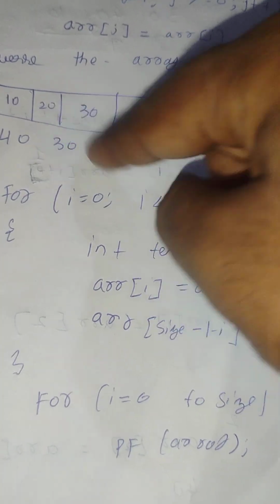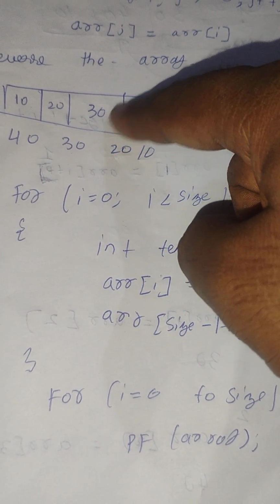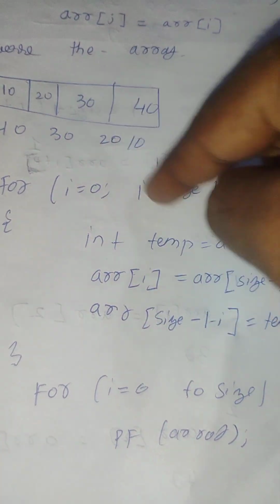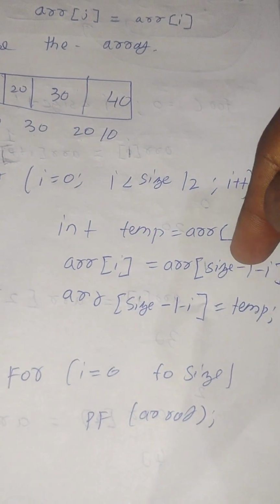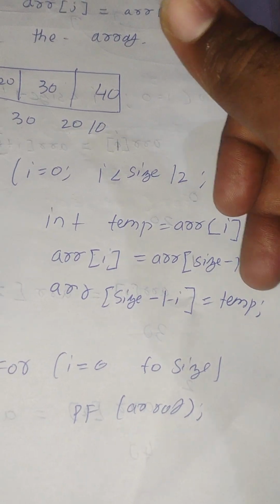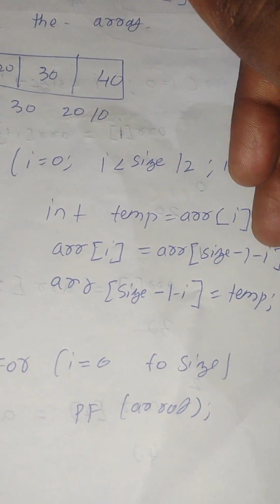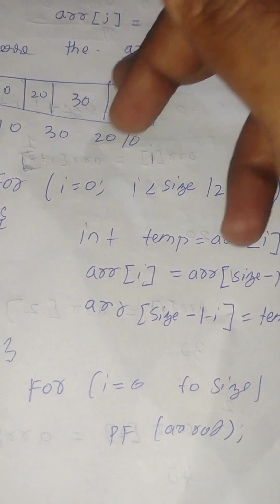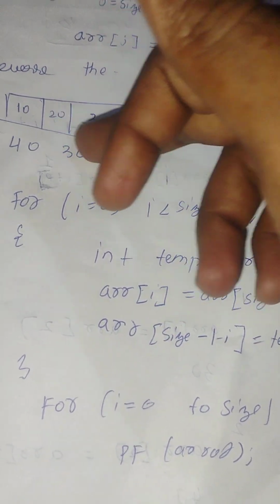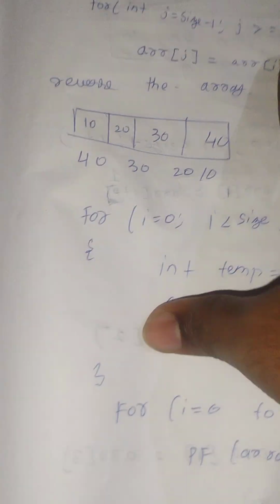After storing this 20 in temp, this 30th value, the array value, is going to be assigned here. How is this index declared? It goes backwards, so size minus 1 minus i: 3 minus 1 is 2, so it becomes 2. So this value is assigned here, and then in this one I store the temp value. This is how we store the values.